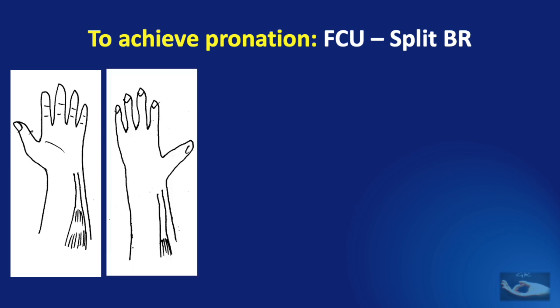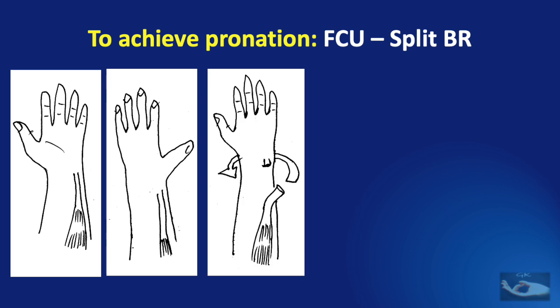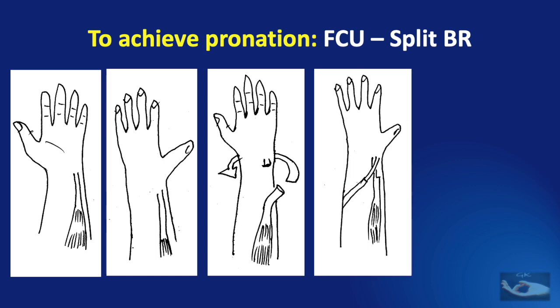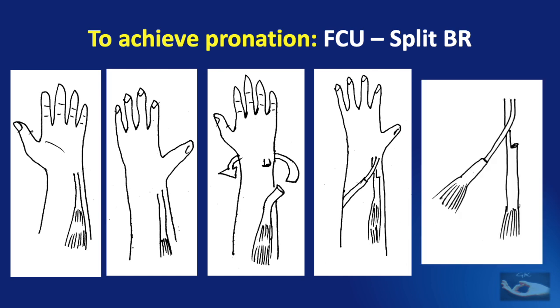The brachioradialis tendon is also dissected and identified and divided into two slips. The flexor carpi ulnaris tendon is now rerouted around the ulnar border to the dorsal aspect and sutured to one of the slips of the brachioradialis to make up for the length. This suturing of the tendons is done with the forearm in complete supination.